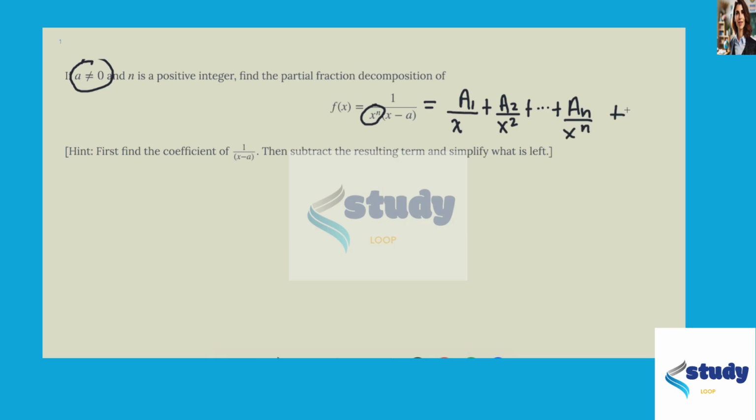And then we'll have a case 1. This is a non-repeated linear factor, x minus a. Let's go ahead and multiply both sides by the denominator on the left.